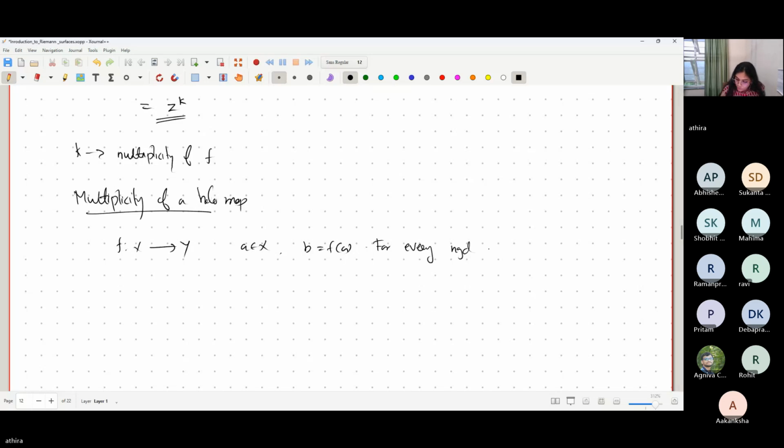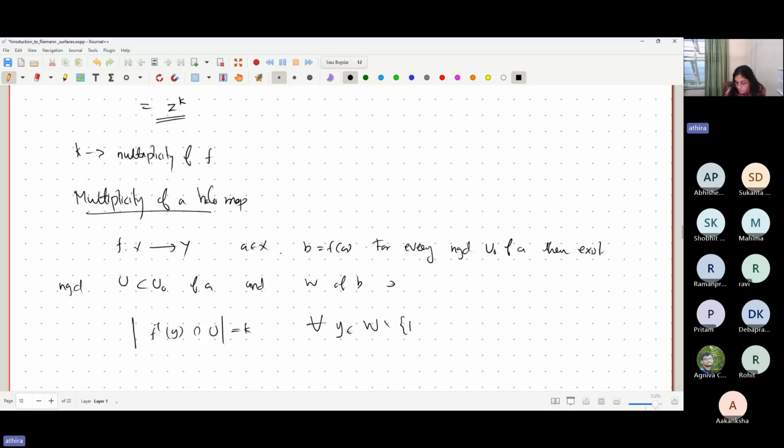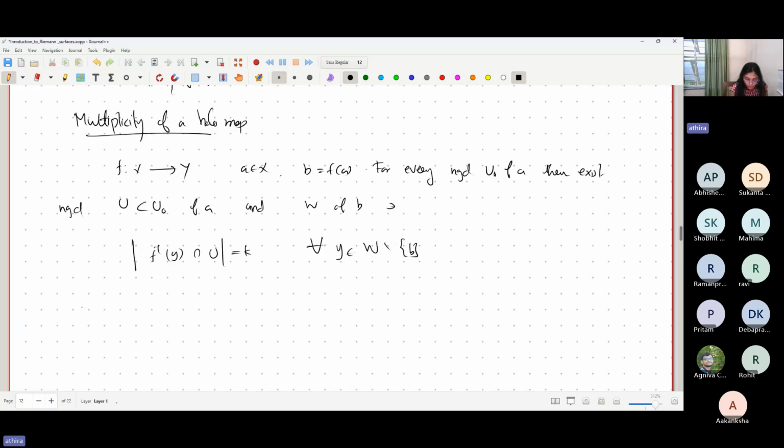For every neighborhood U naught of A, there exist a neighborhood U subset of U naught of A and a neighborhood W of P such that the cardinality of this set is K for every Y belonging to W minus P. Then this K is called the multiplicity of F at the point A. You can actually look at this in the case of Z mapping to Z to the power K. Here A is 0 and B is also 0.